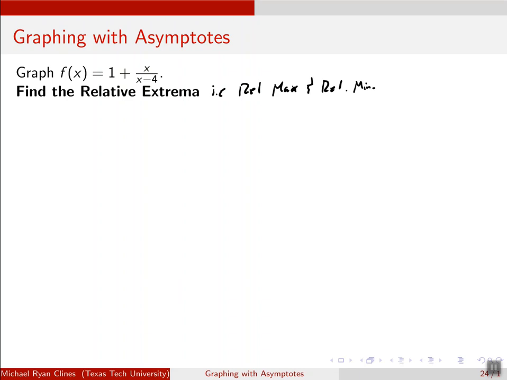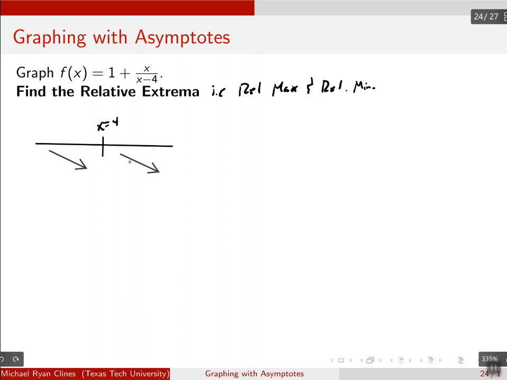Okay, so we want to graph this function. We want to find the relative extrema in this step. Recall this from the previous part. We had this little thing where x is equal to 4, and we were decreasing on this interval. We kind of went flat here, and then we were decreasing on this interval. We didn't really go flat there, but whatever.